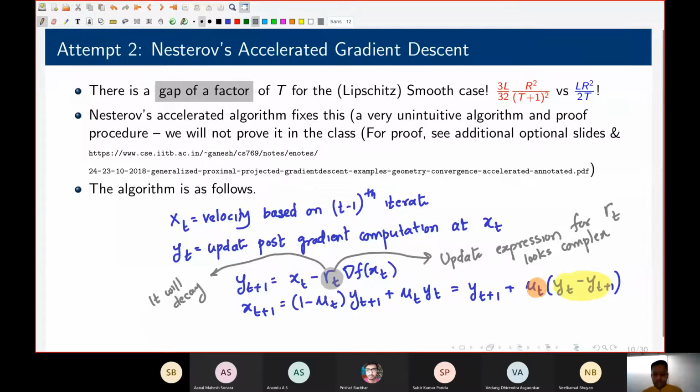And this mu t itself, so there are options. Mu t doesn't have one solution.